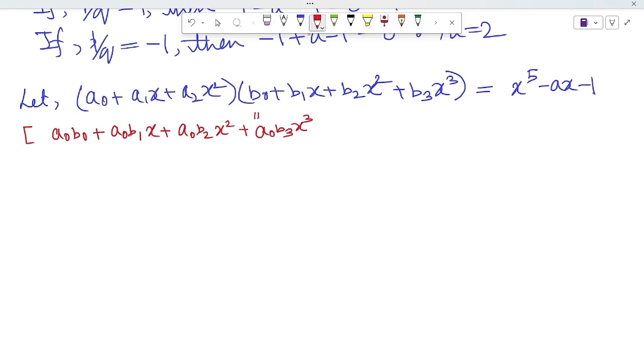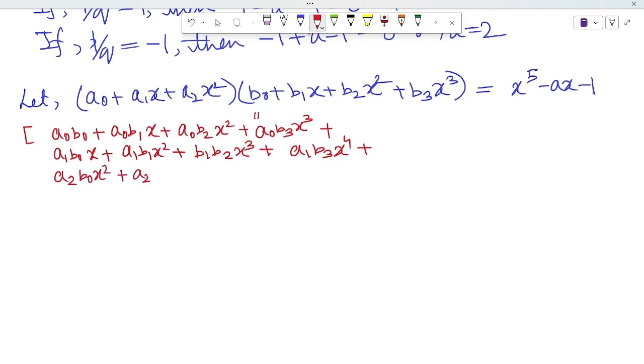Next is plus a1 terms: a1 b0 x plus a1 b1 x square plus a1 b2 x cube plus a1 b3 x to the power 4, plus a2 b0 x square plus a2 b1 x cube plus a2 b2 x to the power 4 plus a2 b3 x to the power 5.